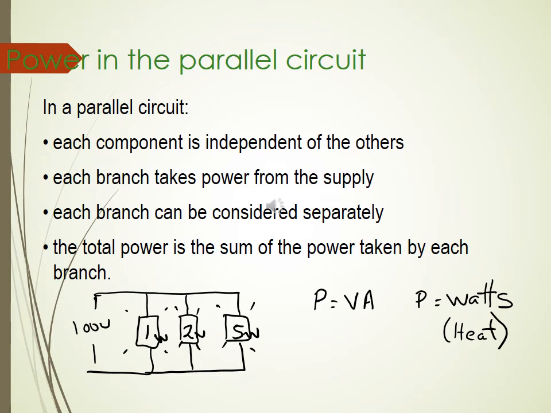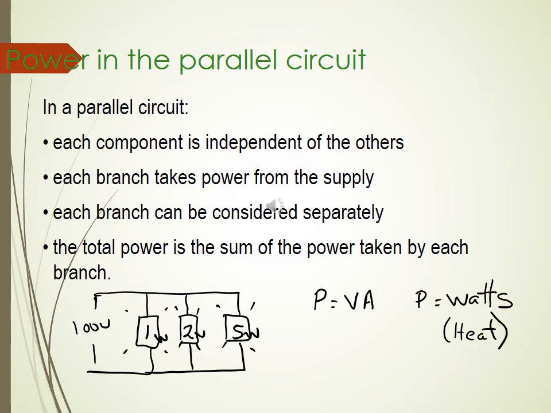We just add those up, and that would be the total power. Or we could, of course, if we knew the resistor values of those resistors, use Ohm's law and calculate the total resistance for the circuit, and we still have the total voltage, so we could work out the current and work out the total power. But just realise that each component is independent of each other.